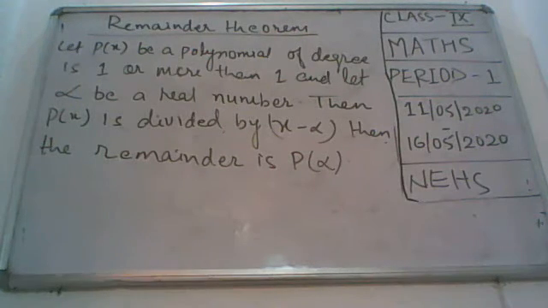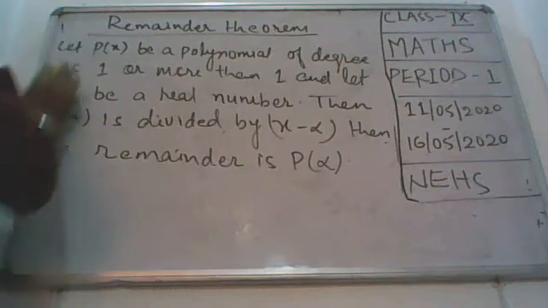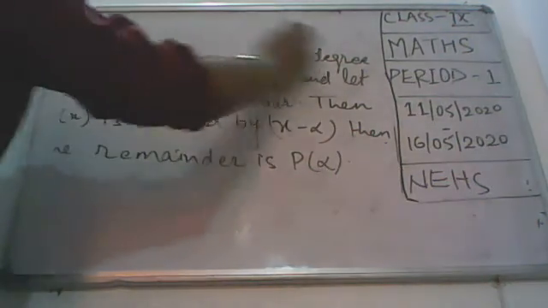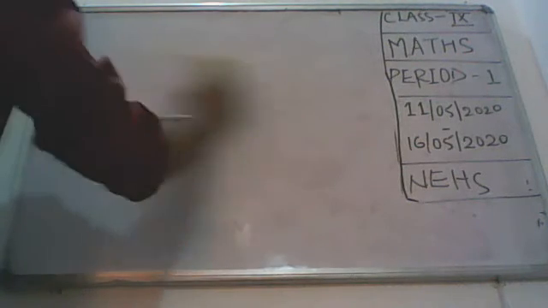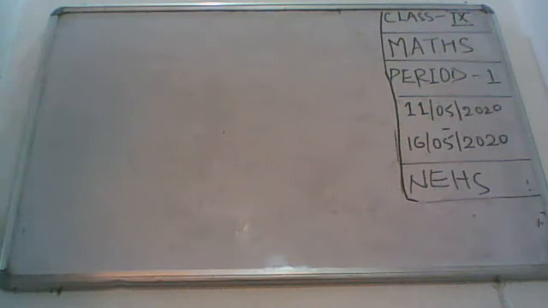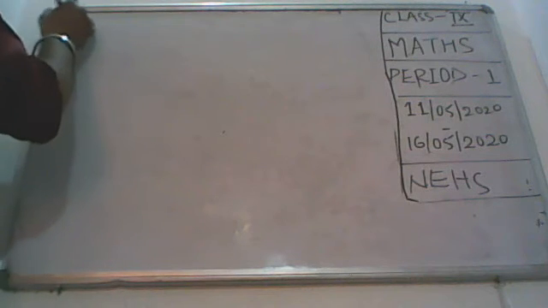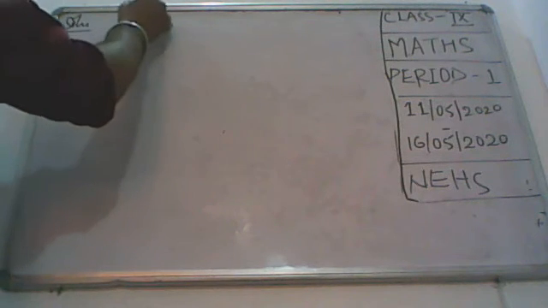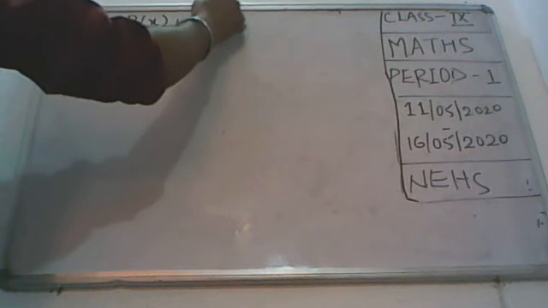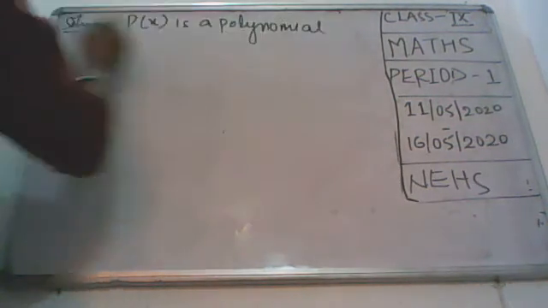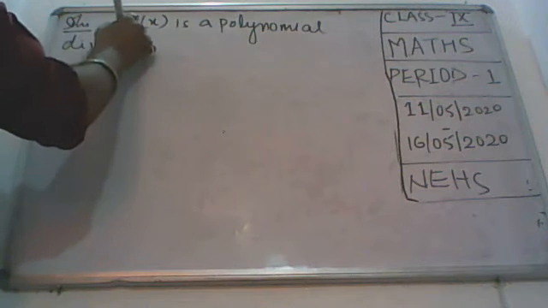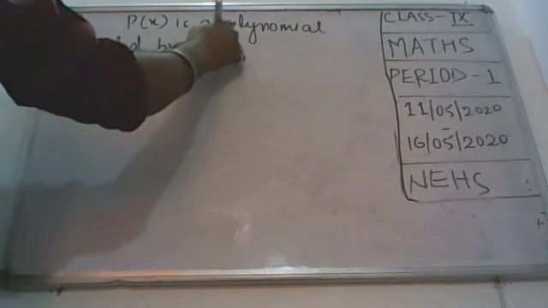Okay, let's see step by step how it is possible here. So basically this is our concept and we are going to explain this. Now see what they are saying, that P(x) is a polynomial divided by x minus alpha.